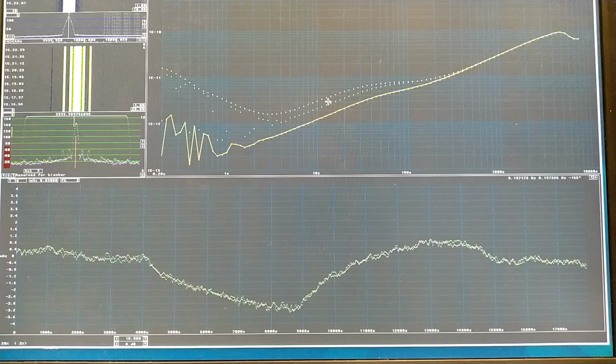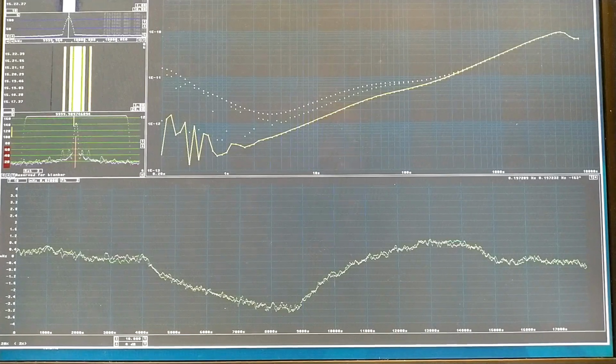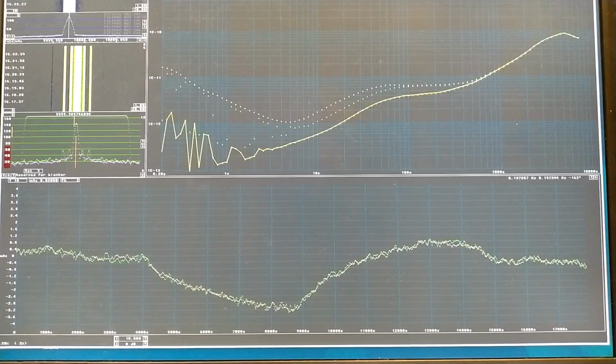And if I look here, obviously the correlated part is much smaller than the noise from channel 1 or channel 2. Normally I usually see the yellow trace very close to the lower of the two uncorrelated. The Hadamard deviation looks like this.